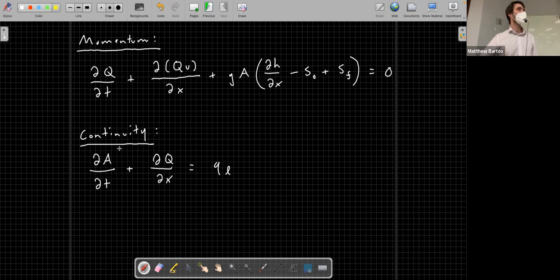And does anyone remember what these two equations are called when they're paired together? Has anyone seen these before? Any idea? So these are called the Saint-Venant equations.